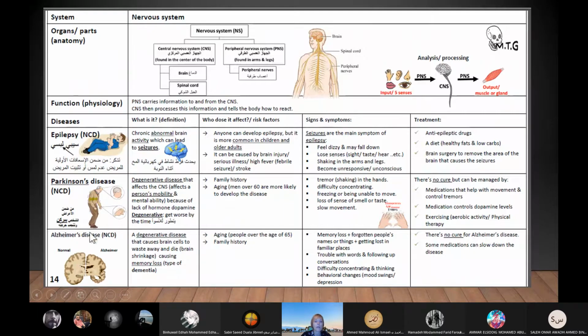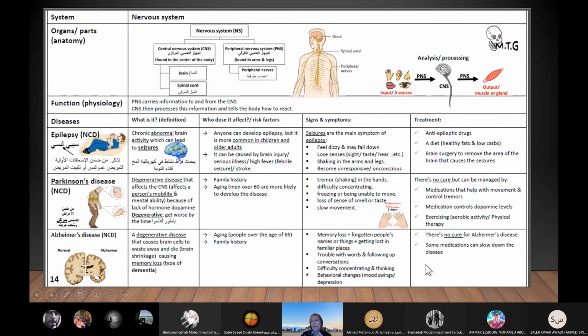Sorry about that. So finally, Alzheimer's, this is the degeneration of the brain cells, okay? So this is just to do with your brain. It causes memory loss, and you would forget somebody's name, and you might forget where you are, and you might have problems with your mood as well. So there's no cure for Alzheimer's.